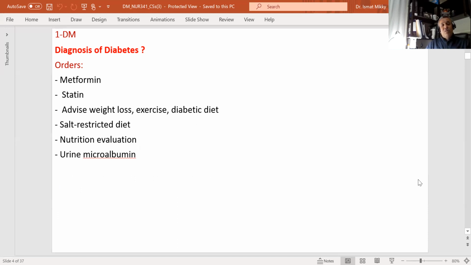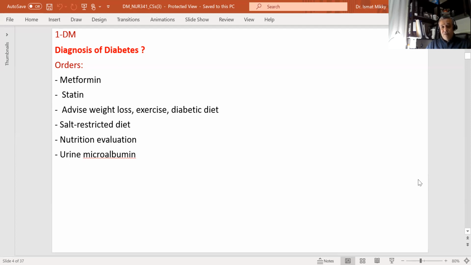Type 1 diabetes is an autoimmune destruction of the pancreas that will result in an insulin deficiency. The islets of Langerhans beta cells in the pancreas produce the insulin. So if there's destruction of these cells, then there is an insulin deficiency.